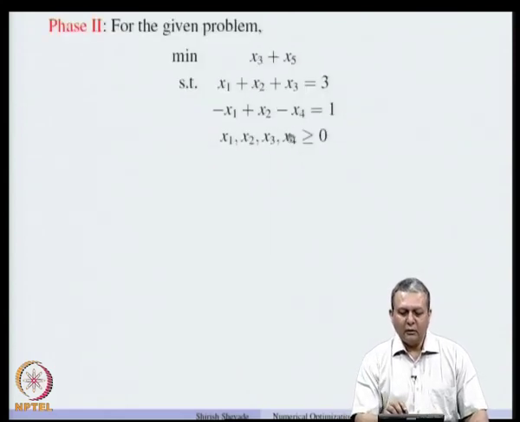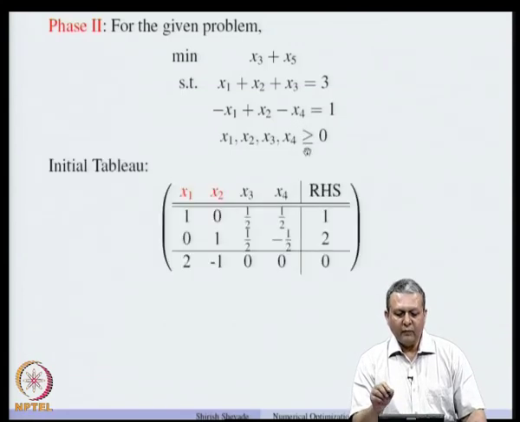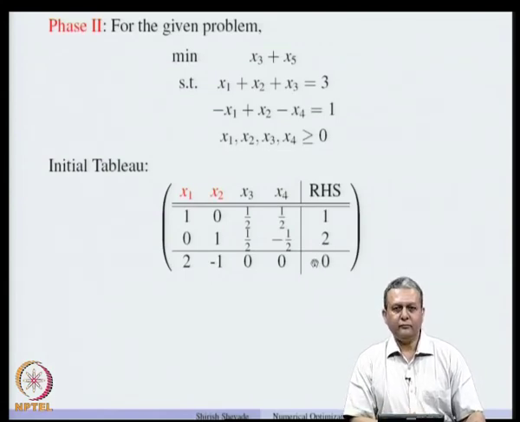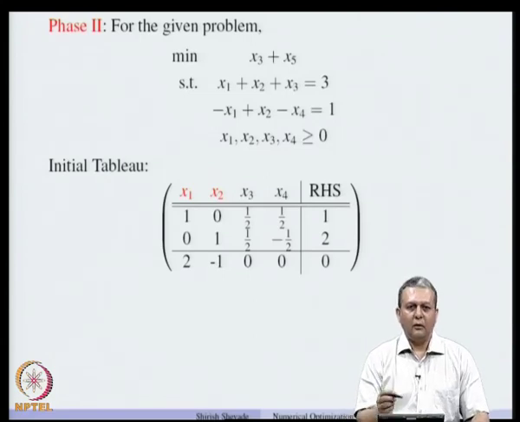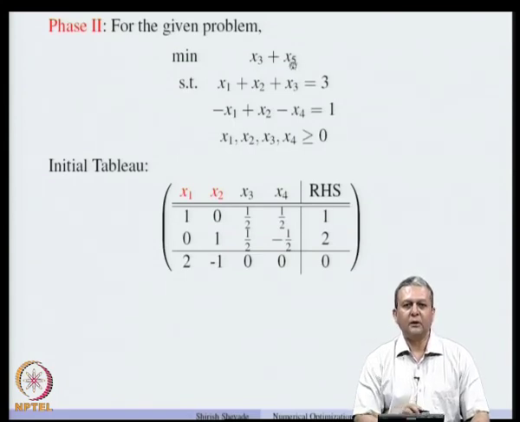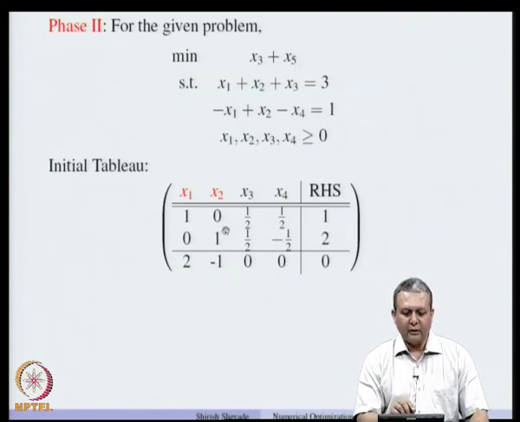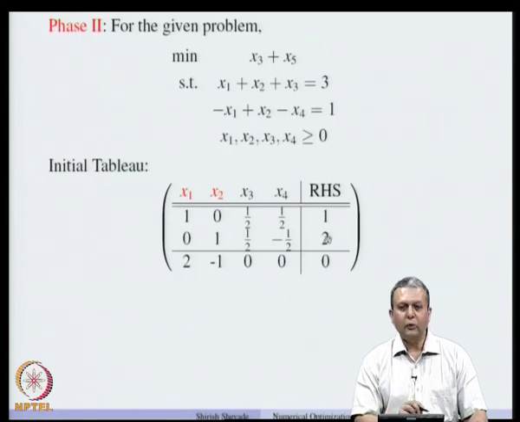Now for this problem, this should be 2x1 minus x2, that should be the objective function, and for this objective function the initial tableau was x1 equal to 1 and x2 equal to 2.